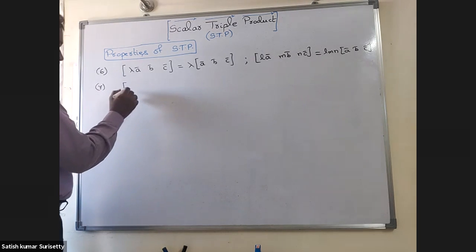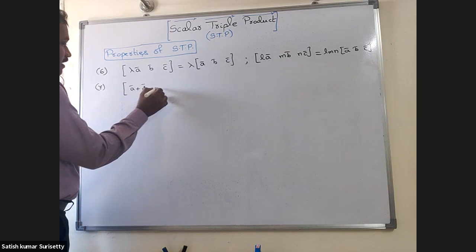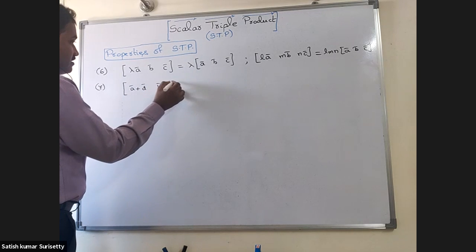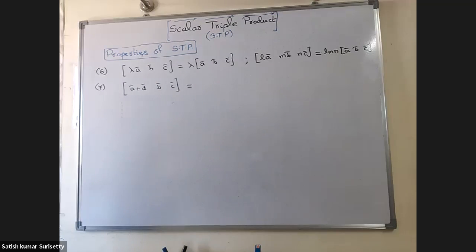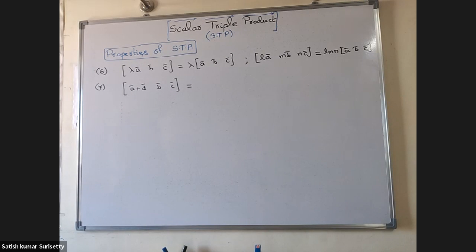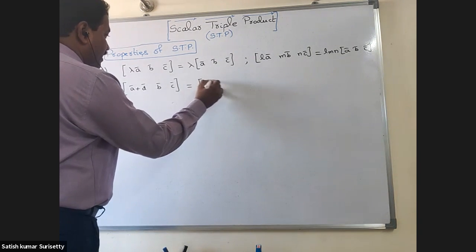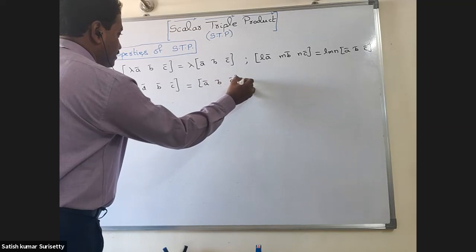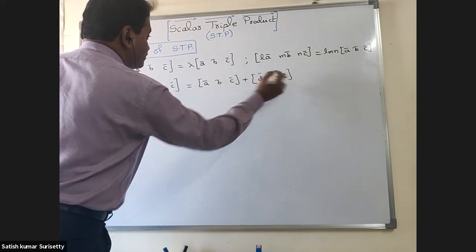The scalar triple product of A bar plus D bar, B bar, C bar. So if any one of the vectors in the scalar triple product is a sum of two vectors, it can be split into a sum of two scalar triple products, that is, A bar, B bar, C bar plus D bar, B bar, C bar.